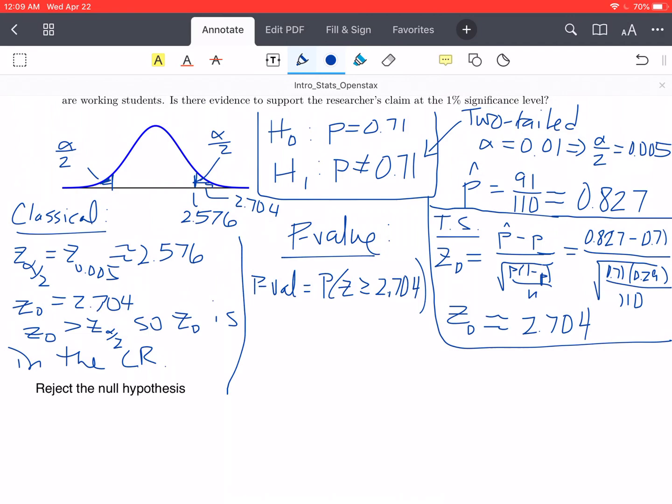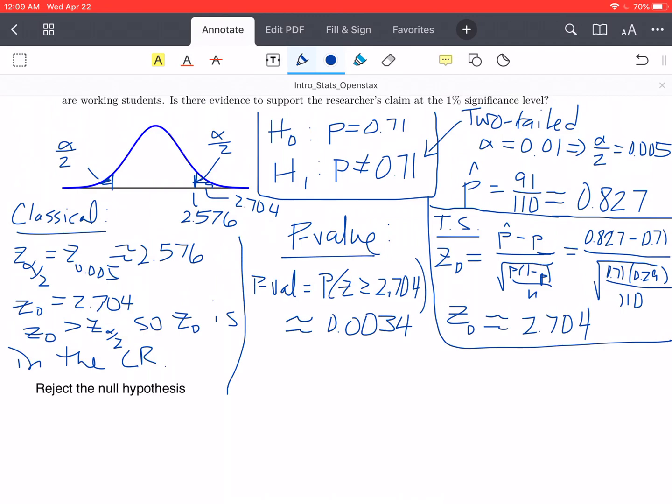Okay. And this, again, you just go into that z-score, that normal distribution on Desmos, and then your cumulative probability goes from 2.704 up to infinity. This is approximately 0.0034.